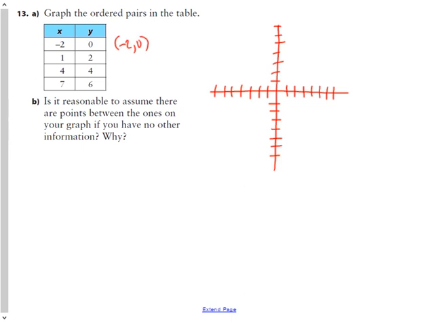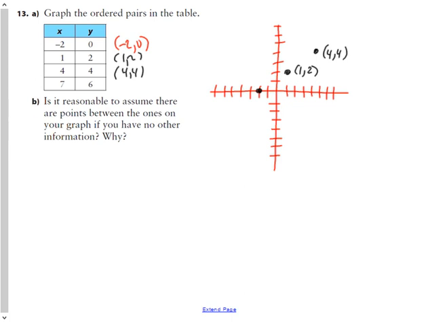So negative 2 on the x is right here, and 0 on the y. So there's my first one. 1 on the x and 2 on the y is right here. That's 1, 2. And 4, 4 would be 4 on the x and 4 on the y, which is right here.